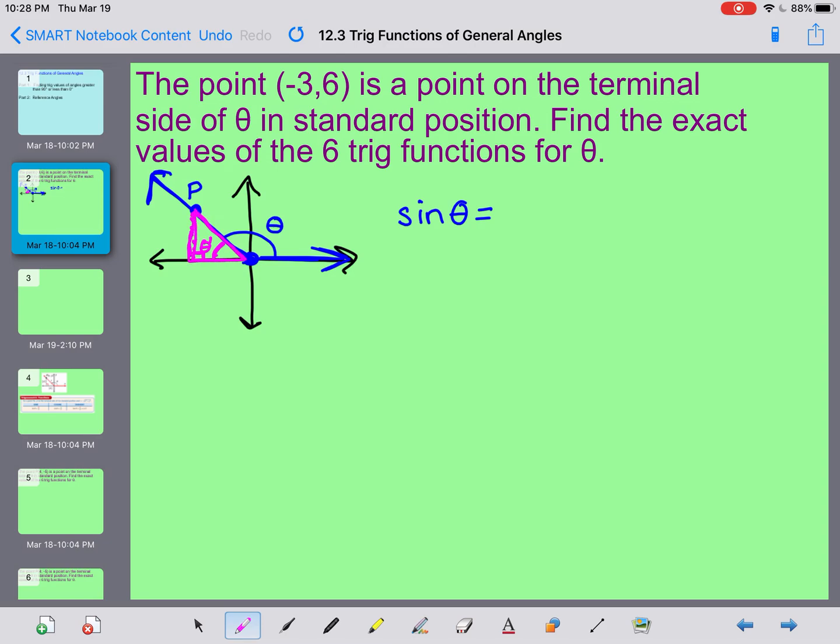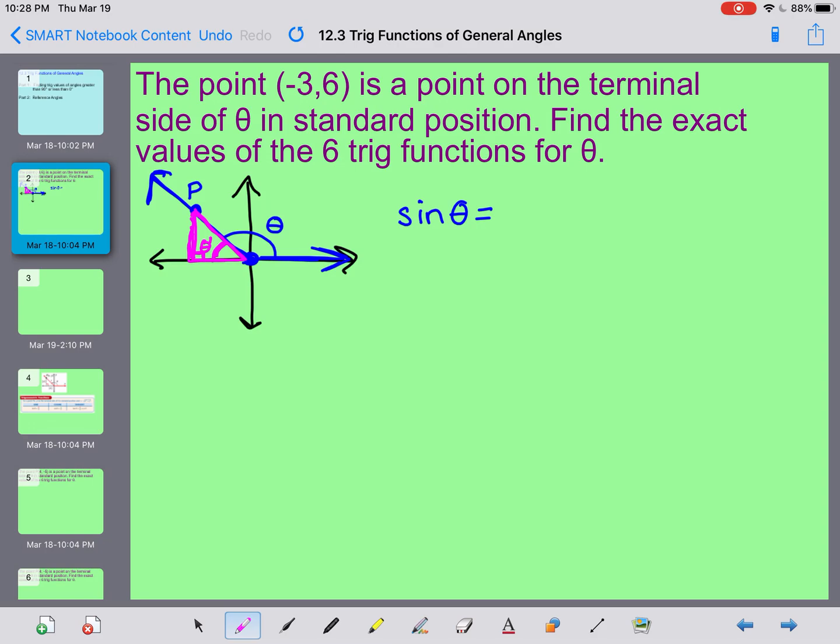And we're going to find sine of this theta prime angle, and that will be the same as sine of our theta. And it's a little confusing because you're just going to have to trust me on this one. There is a relationship between this. It shows up more in the graphing section, how this is all connected. But for now, you just kind of have to trust me that I'm right on this.